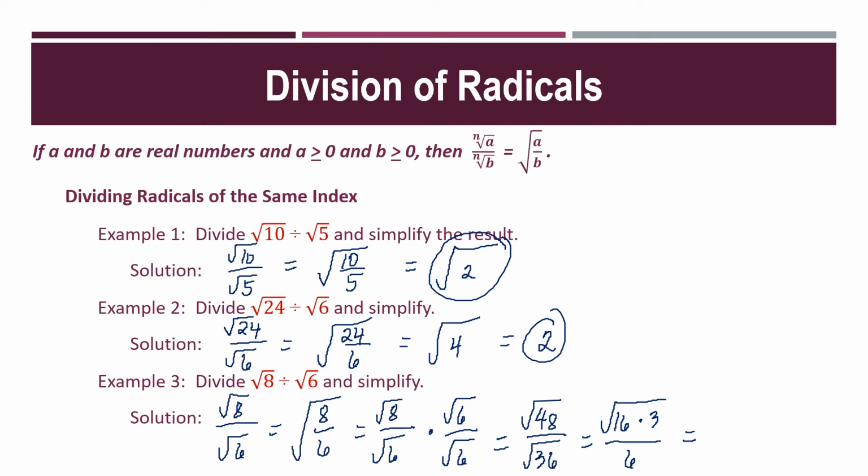The square root of 16 is 4. 3 will be left inside the radical sign, and then we have 6. So we have 4 square root of 3 over 6. If we observe, we can still reduce the fraction 4 over 6 to lowest terms, and that is 2/3. Therefore, the final quotient is 2 square root of 3 over 3.